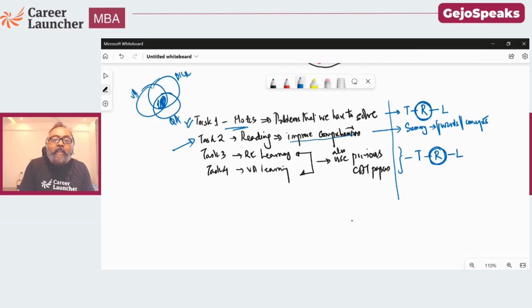I'm assuming it will have a larger impact on VA, but also some impact on DILR, because DILR is also content heavy. You have to read and comprehend, so that's going to help you there. And this, of course, is a pure VRC activity. But the key thing is to read this and learn.